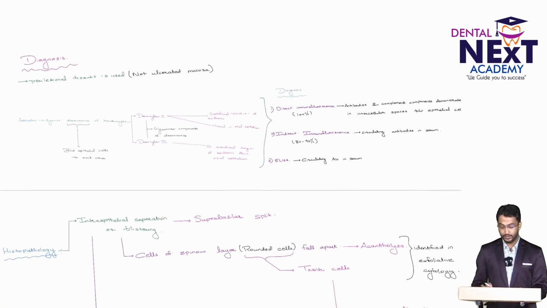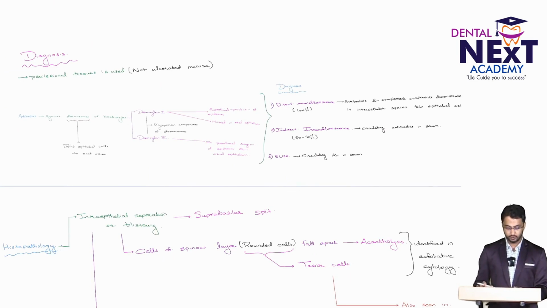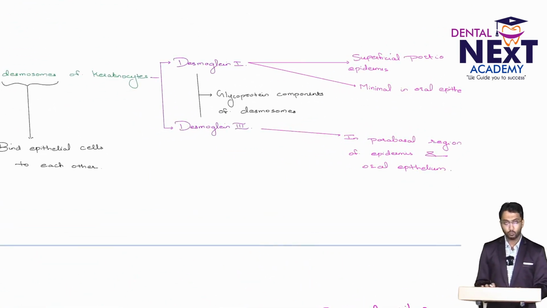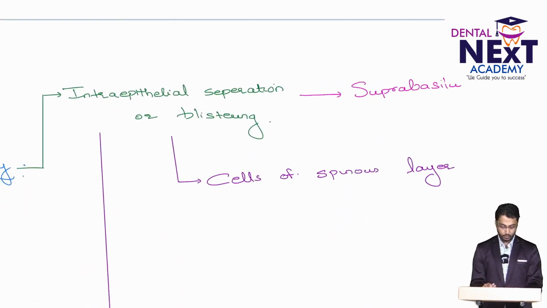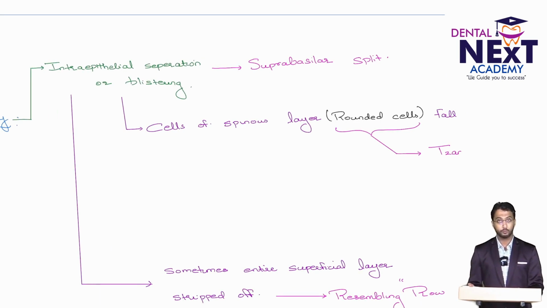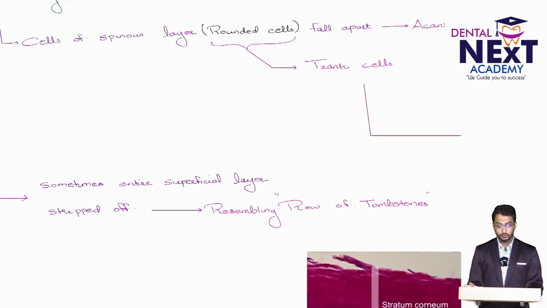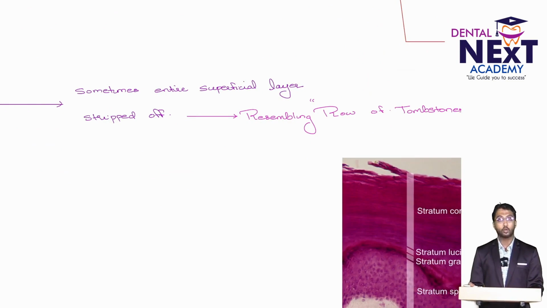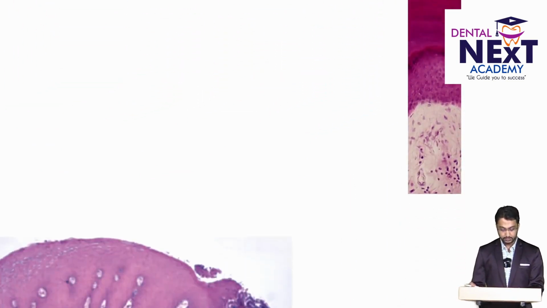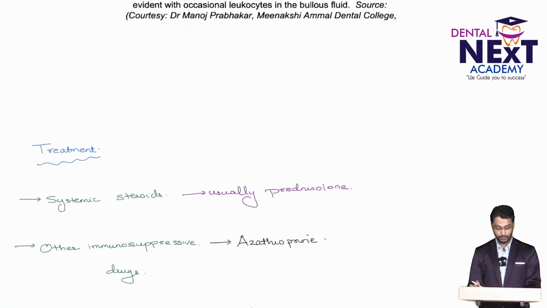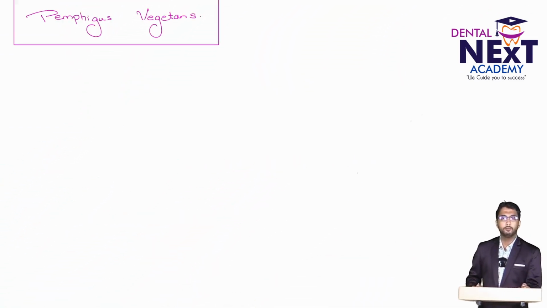Diagnosis is based on autoantibodies, direct immunofluorescence: desmoglein 1 and 3, basically desmosomes, where desmoglein 3 is in the oral mucosa. Then there is intraepithelial separation: suprabasilar split, Sang cells, acantholysis, row of tombstones. Finally, treatment is rituximab and systemic steroids. So that was pemphigus vulgaris.